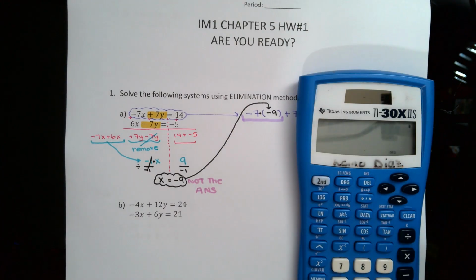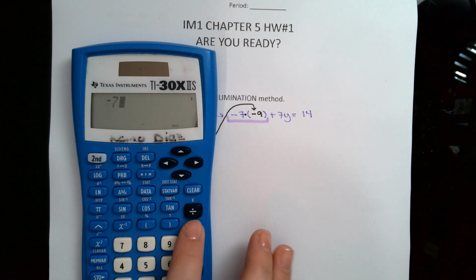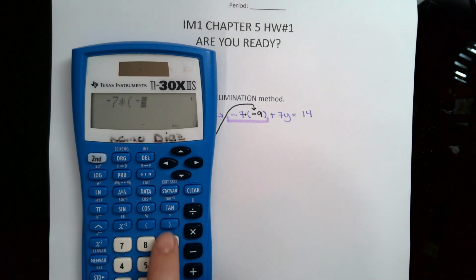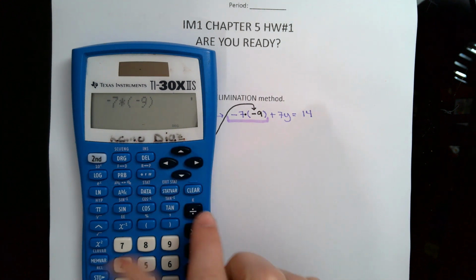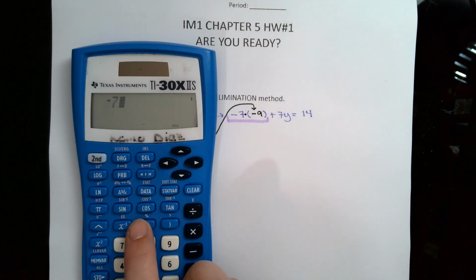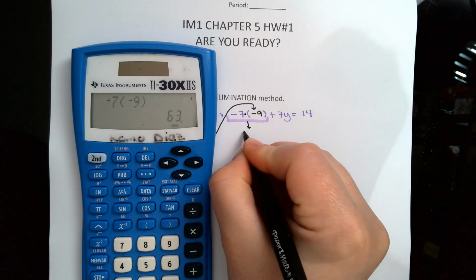So you would do negative 7, you could do times like this, open negative 9. Or you can remove the little times symbol and just have negative 7, open negative 9, close it. Make sure the parentheses are there. That is super duper important. And we got 63. So let's go ahead and draw an arrow.